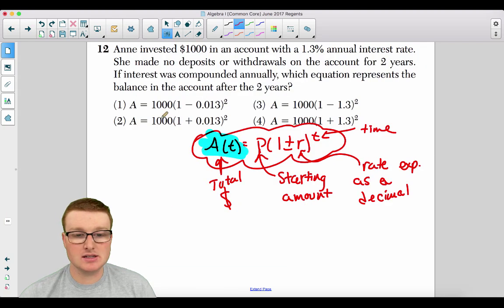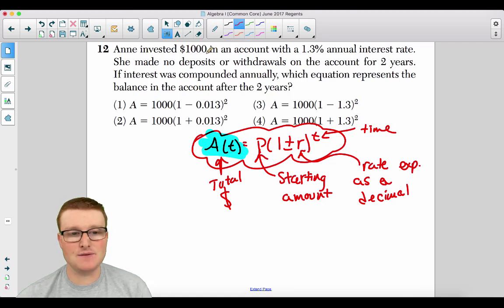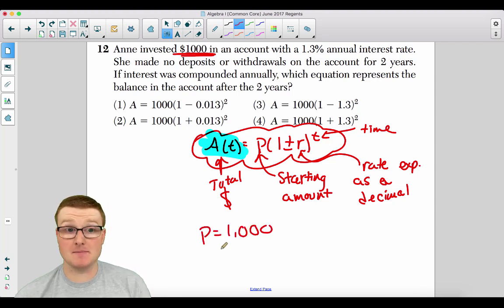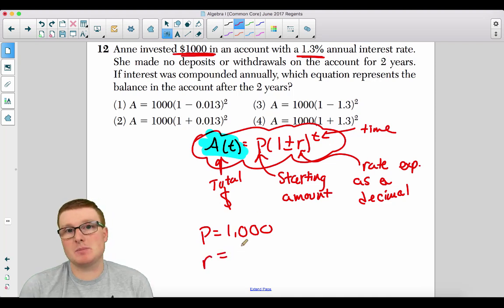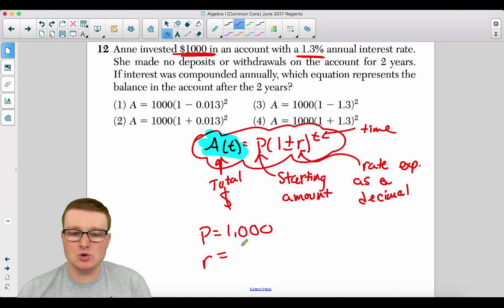So if you look at all of this information, she invested $1,000 in an account. So your P is your 1,000. That's your starting amount. Your 1.3% is your R, but remember that in order to express a percent as a decimal, you have to move that decimal place back by 2 units.